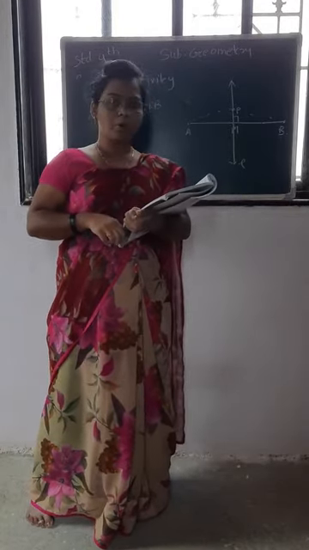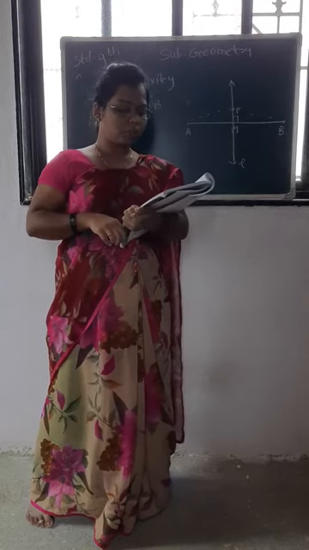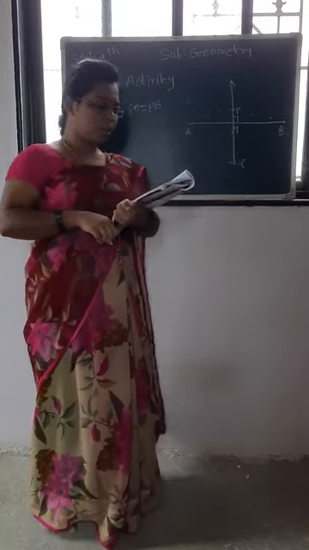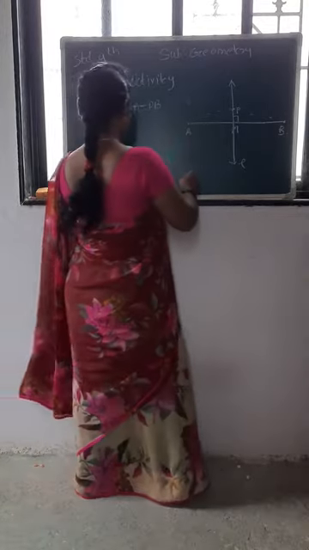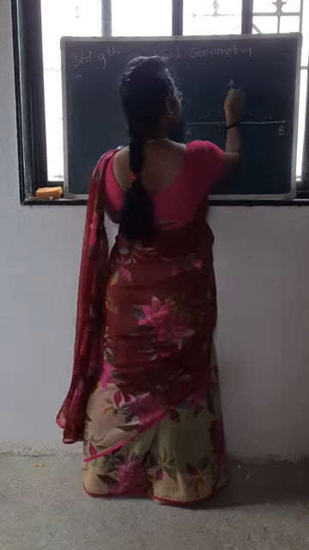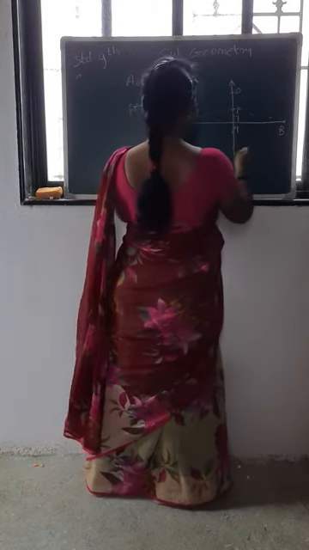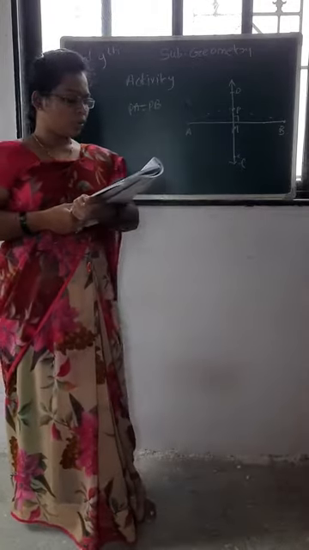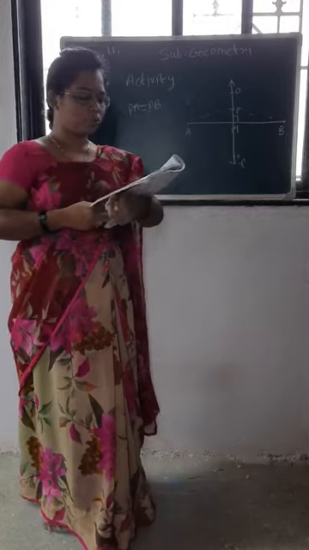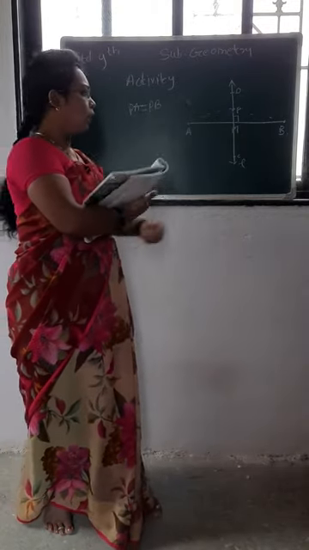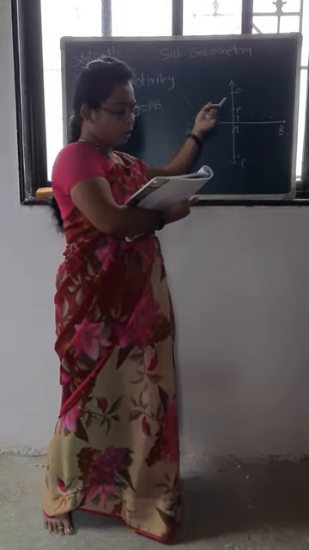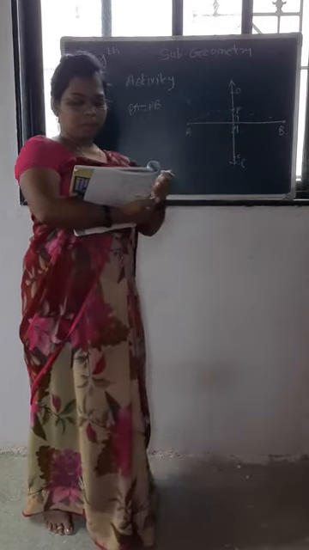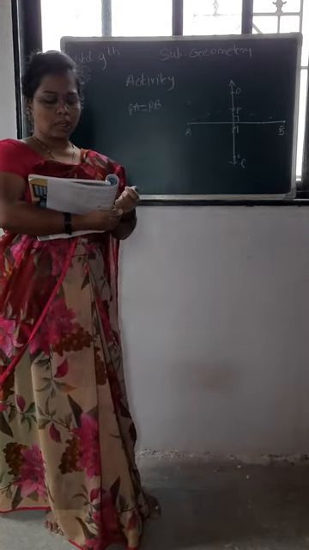Now with the help of a compass, take any 2 points, C and D, which are equidistant from A and B. Did all such points lie on the line l?